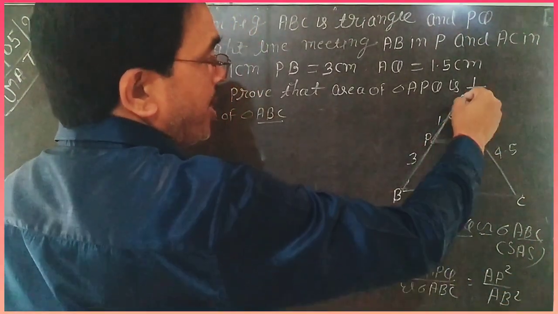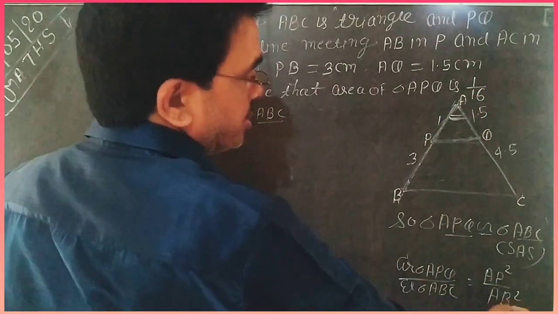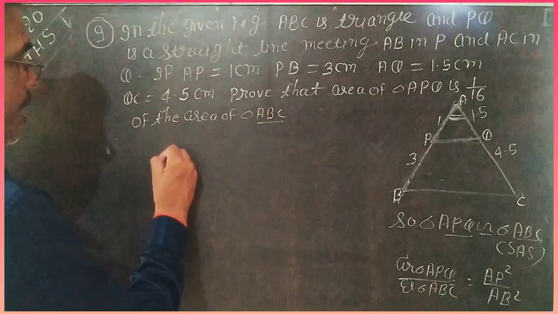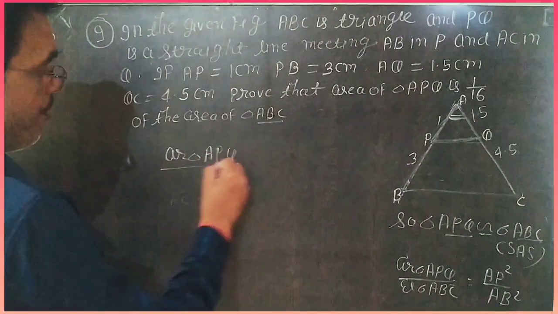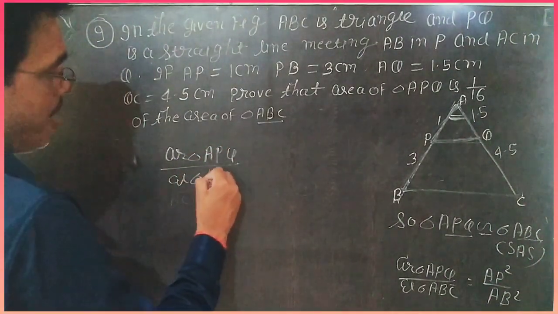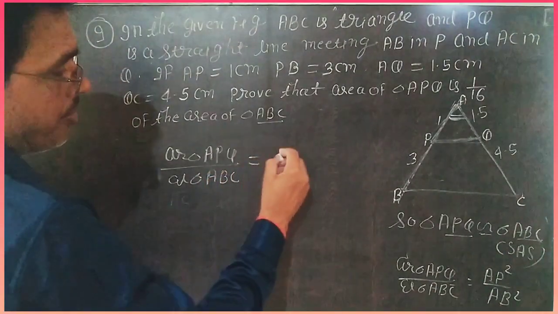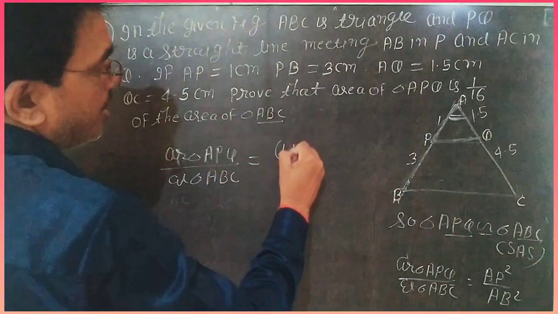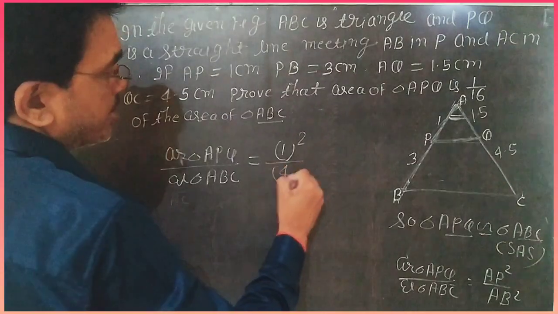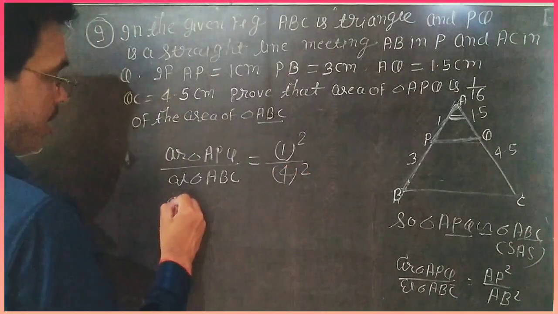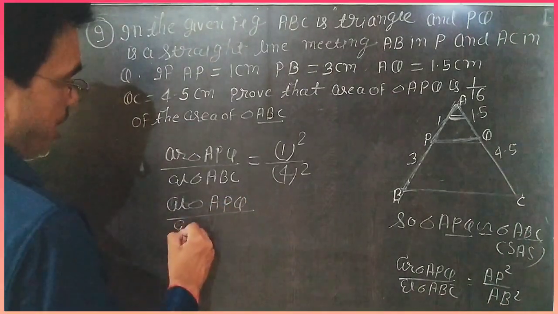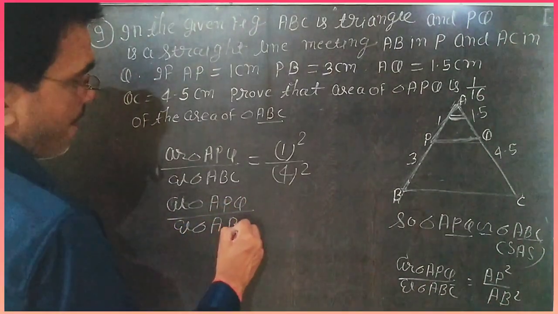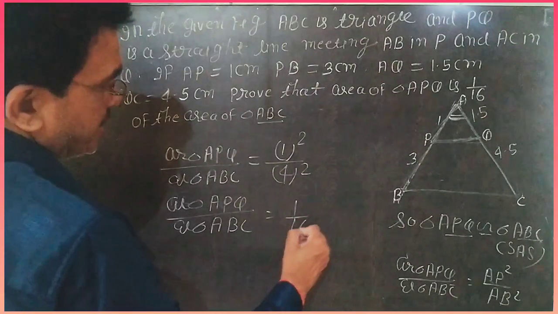One side is AP, another side is AB. So AP square by AB square. Now write here area of triangle APQ by area of triangle ABC is equal to AP, which is 1, square, and AB, which is 4, square. Then area of triangle APQ by area of triangle ABC is equal to 1 by 16.